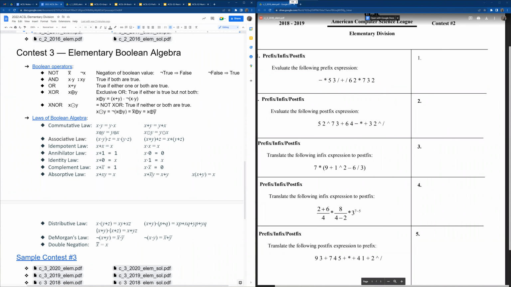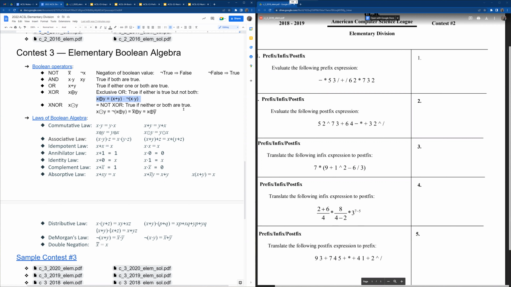The last two are less important, as I want to say, because they can be expressed as other operators, right? Like XOR can basically be expressed like that, right?